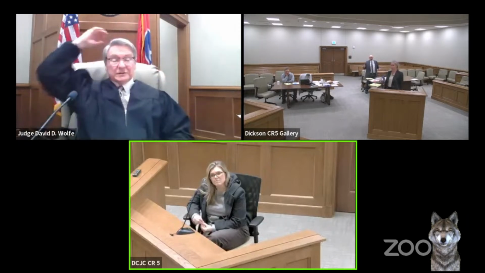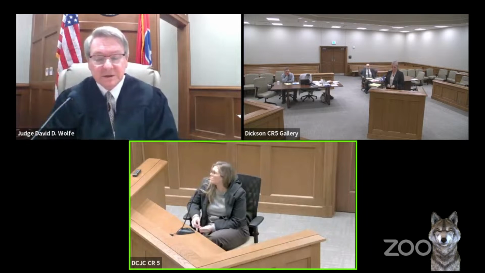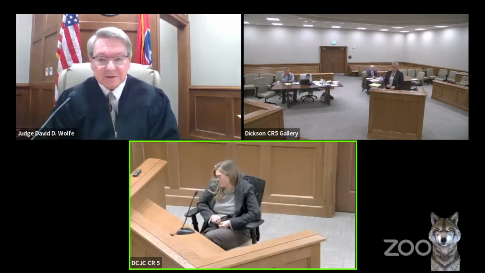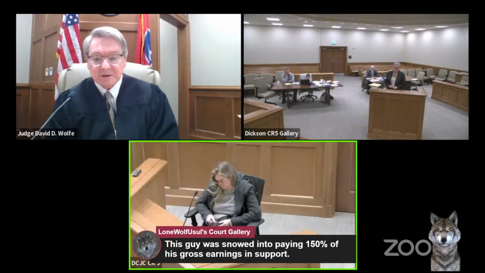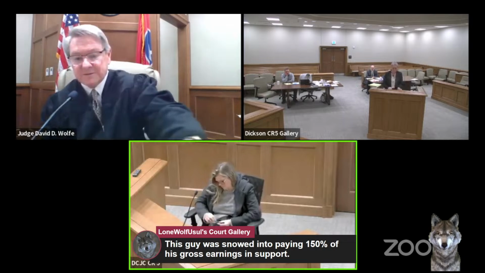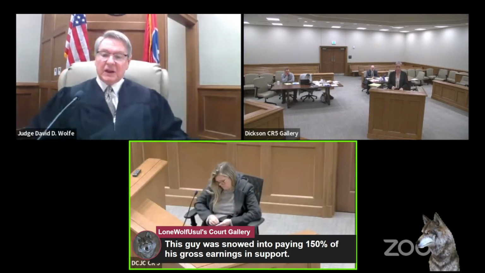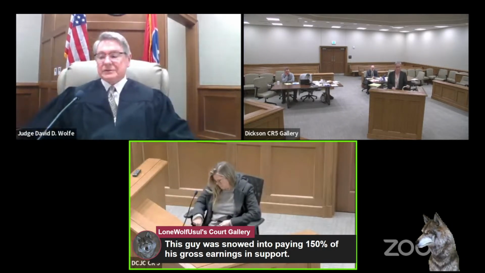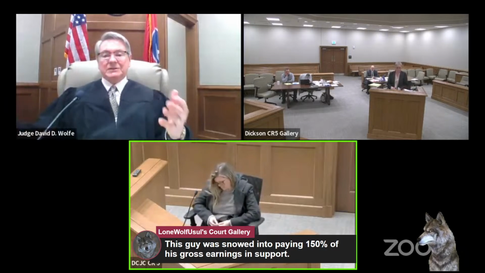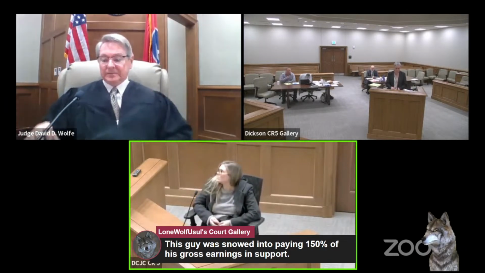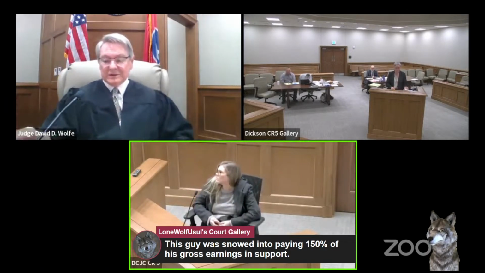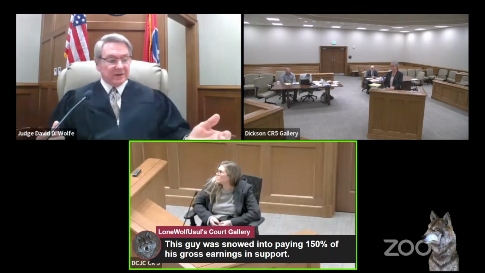Well, in the course of being required to interpret a marital dissolution agreement to determine whether it is one that is enforceable, all I'm pointing out is there's some confusion on how much he is required to pay. The language is contradictory in those two paragraphs in this marital dissolution agreement.